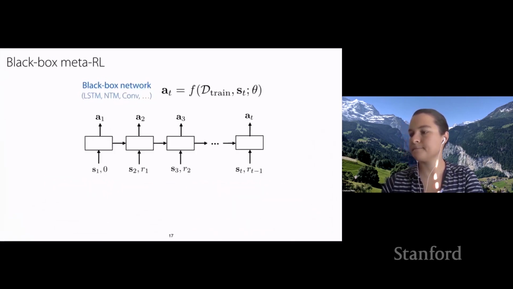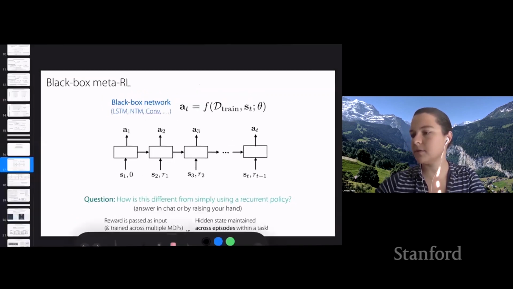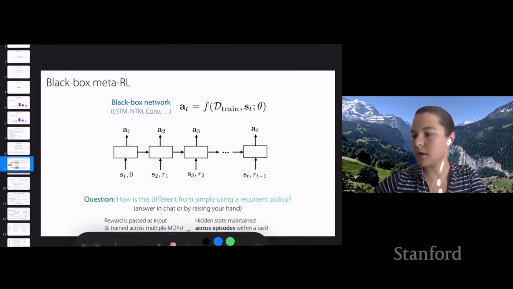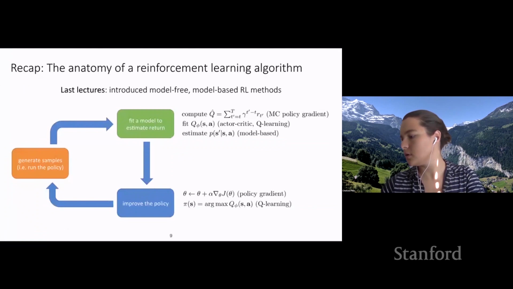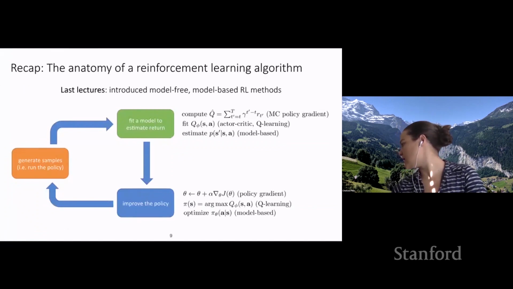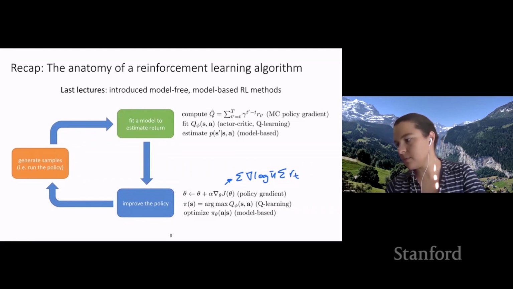Okay, and I have one more quick question. Sorry, I have zero RL background. How is model-based RL different from policy gradient? With policy gradient, the way that you update your policy is with something like grad log pi times the sum of the rewards, so you directly update your policy.